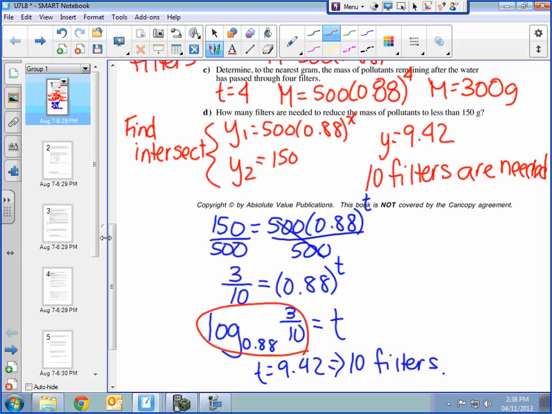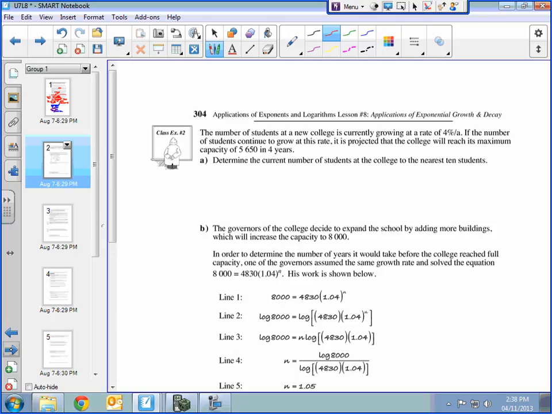But if it says number of filters, then it'll be 10. Okay, is there any questions with this one? Did everyone have that copied down? Let me go back.